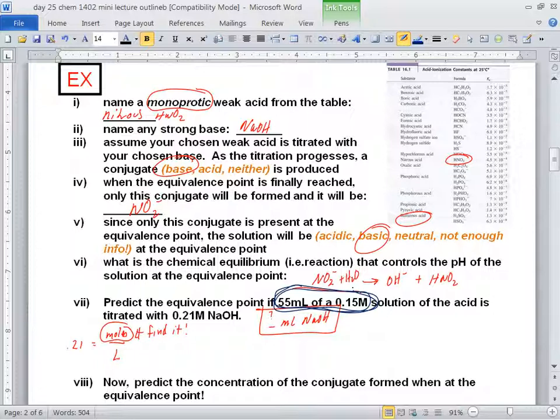So do this first. Find the moles of that acid. And whatever you get for the moles of that acid, you put it in over here, solve for liters, convert it to mils, and you got it. Try it. See if you can figure out what the equivalence point is.